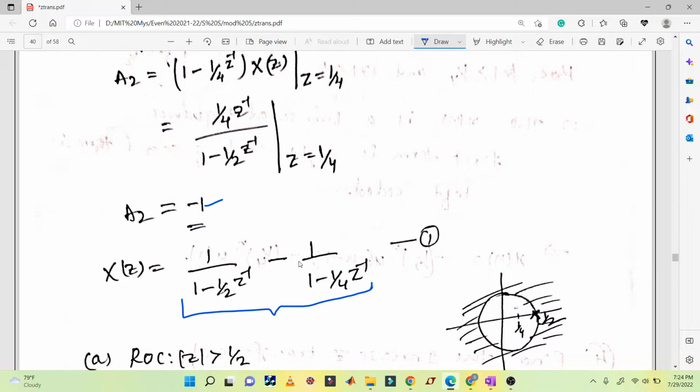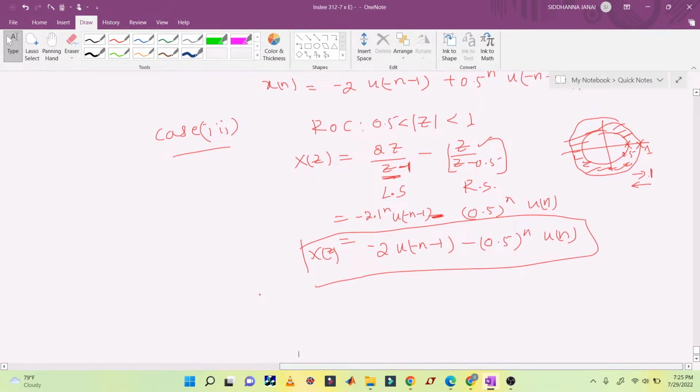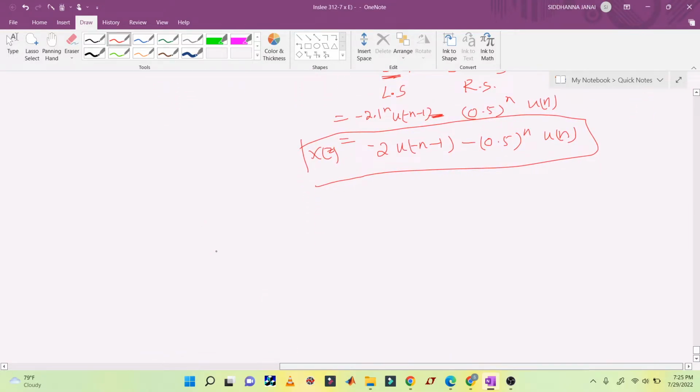Okay, so what we get is X of z as 1 divided by 1 minus 1 by 2 z inverse, minus 1 divided by 1 minus 1 by 4 z inverse. For the given problem, this is the third problem we are solving.